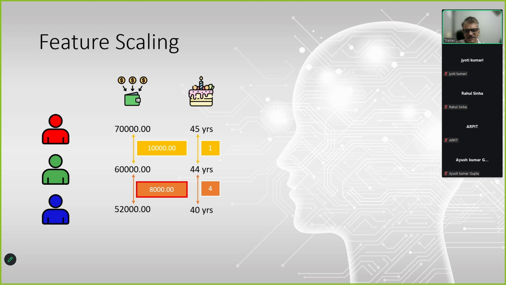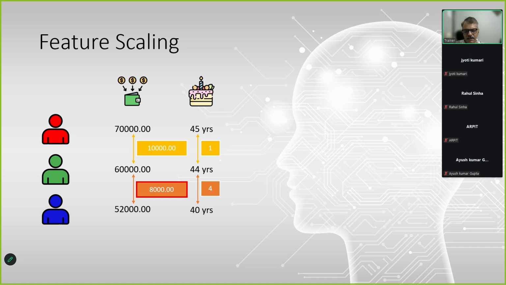We don't want this to happen with our algorithm. That is why we need to normalize these values or variables, because we can't compare them, right?